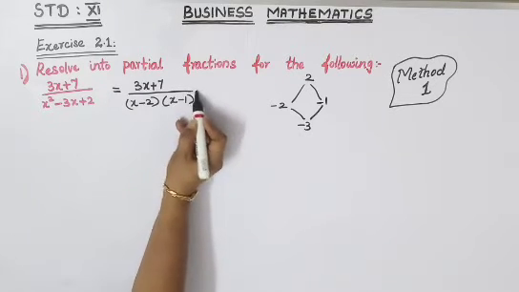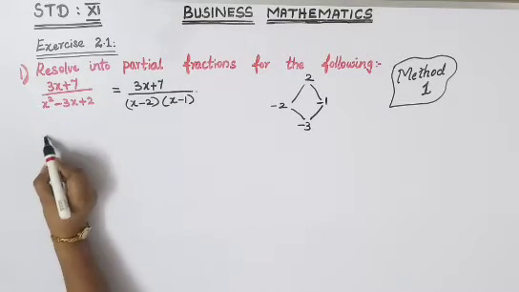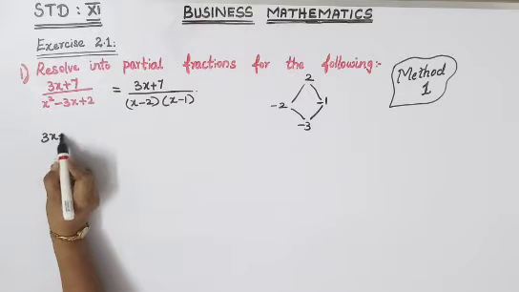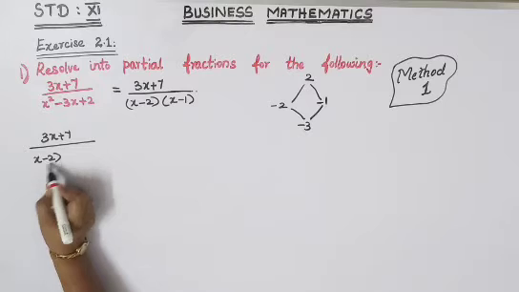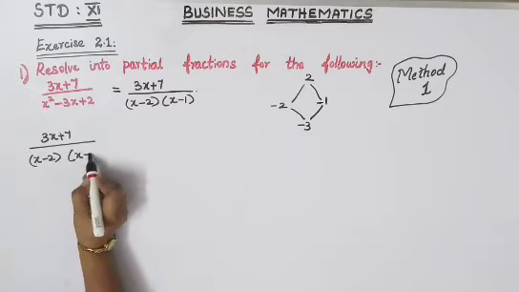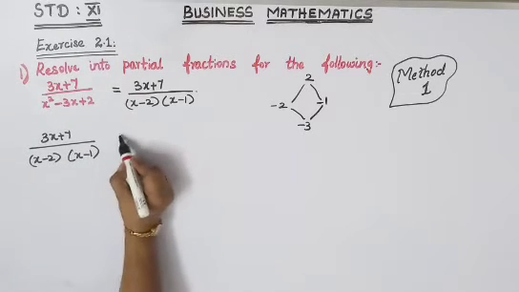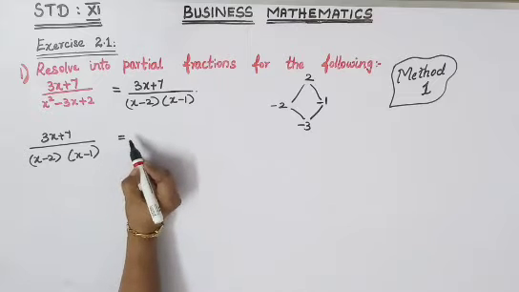So after splitting up, write the whole thing here: (3x + 7) divided by (x − 2) into (x − 1). Now we have got the method 1 format, that is linear factors that are non-repeated.